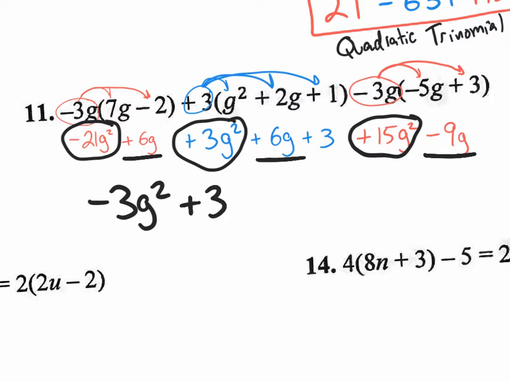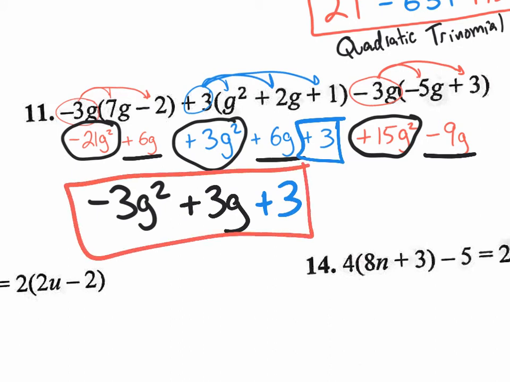That's positive 3g. And finally, our constant values, our numbers without variables. Is there any of those? Yeah, just this 3 right there, so you just bring it down. And that's your answer. And just for funsies, classify that. It's going to be a quadratic trinomial.